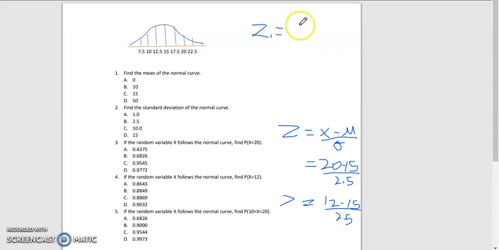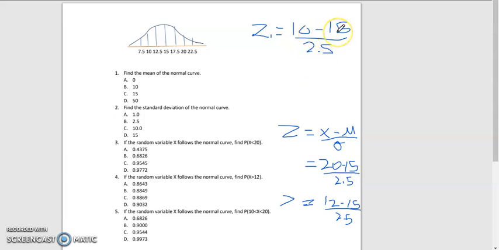We are taking 10, right? So 10 minus the mean, which is 15, divided by 2.5.